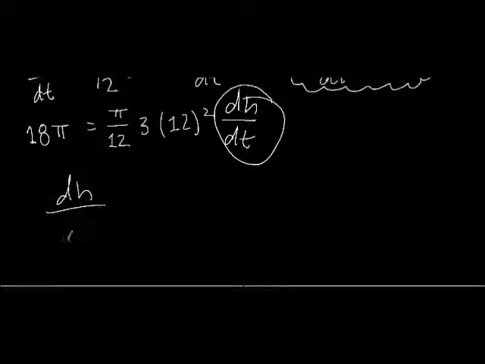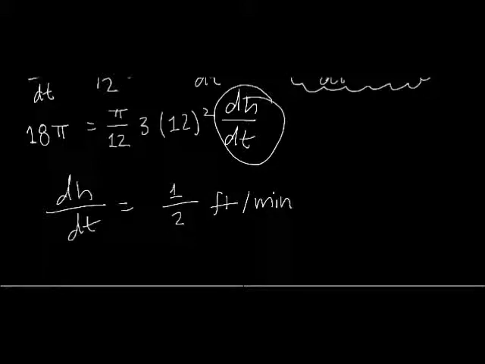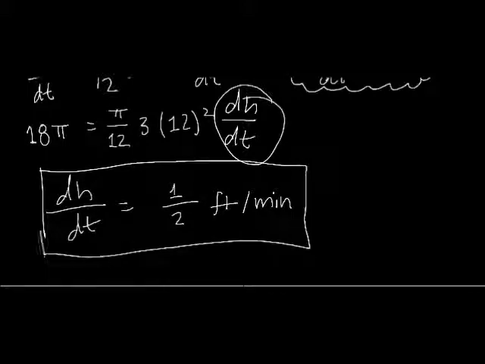So ultimately we are going to end up with dh dt equals 1/2 feet per minute. And that is the final answer to this problem.